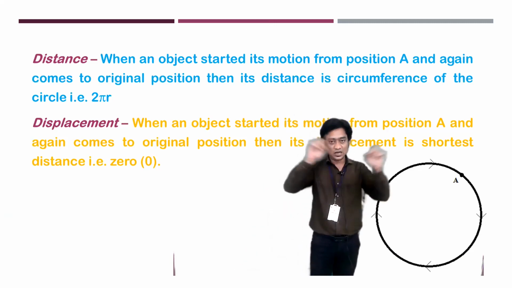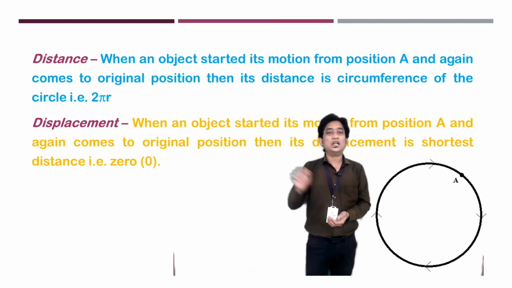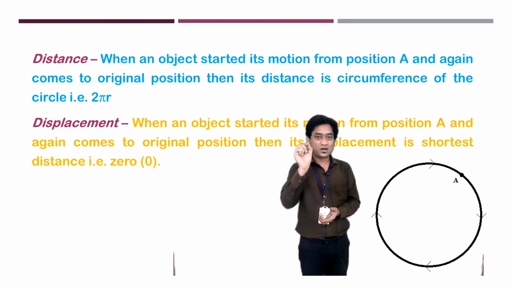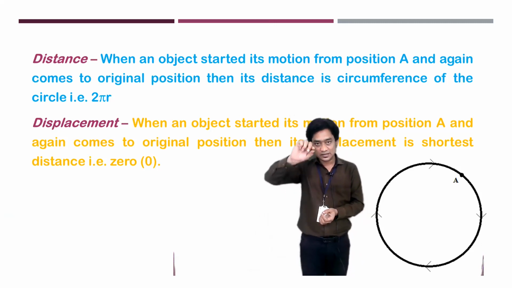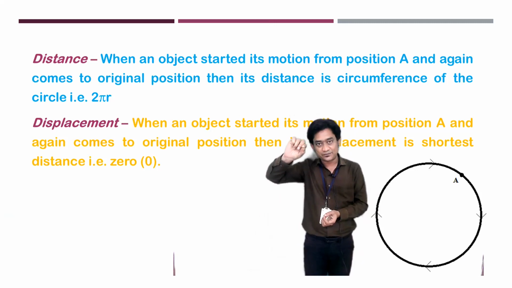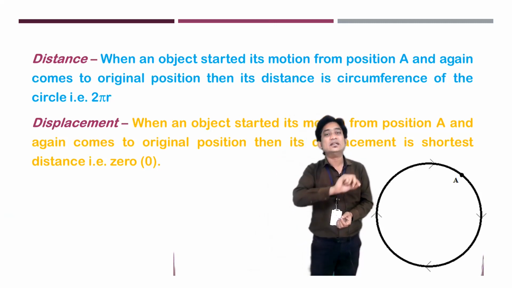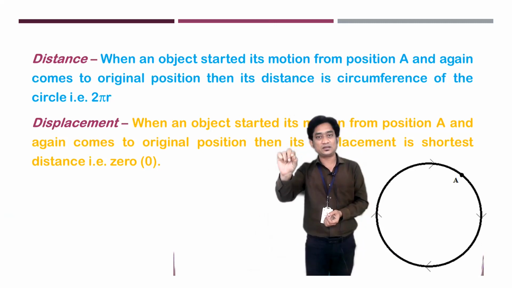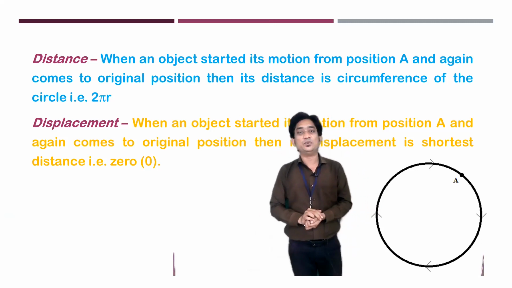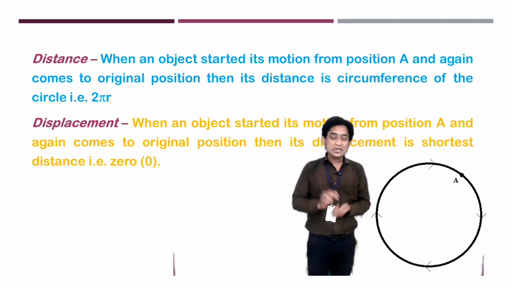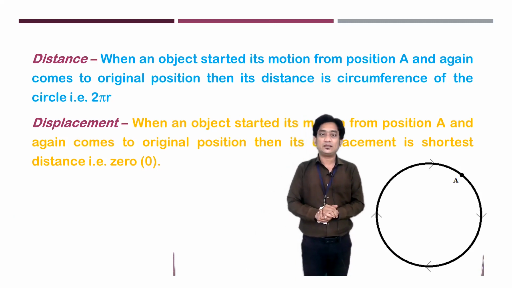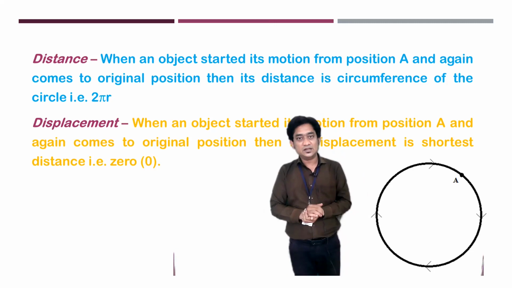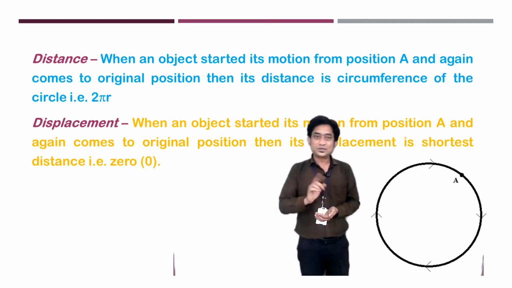Now the next figure. A circular path is there. Suppose A is a given spot here, and A is the object or any spot. If the object starts its motion from point A, covers the whole circular path, and comes back to the original position A, then the initial position of the object is A and the final position of the object is A. According to the displacement definition, the shortest distance between two points is displacement.